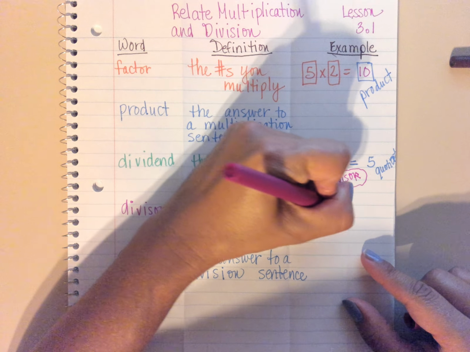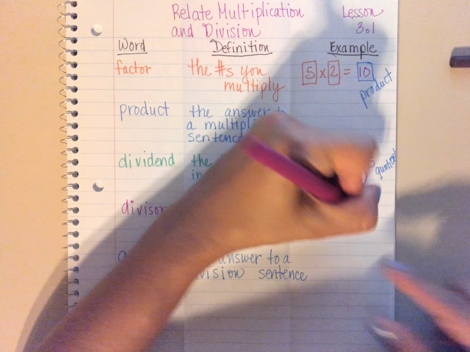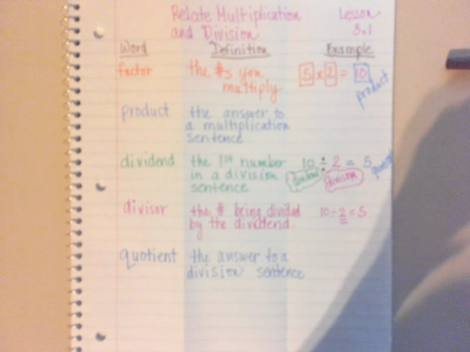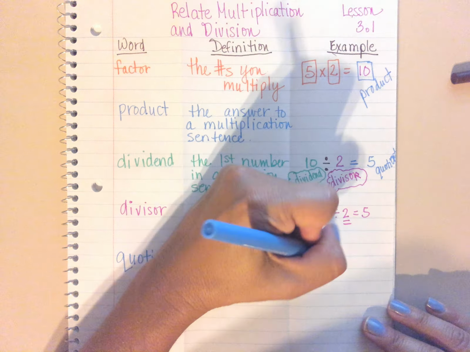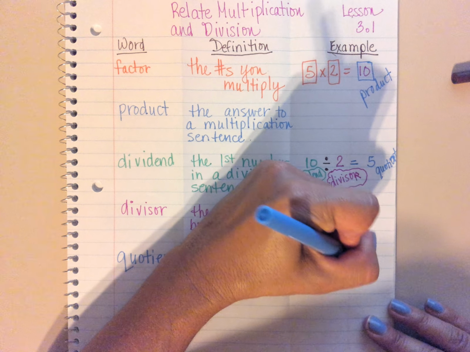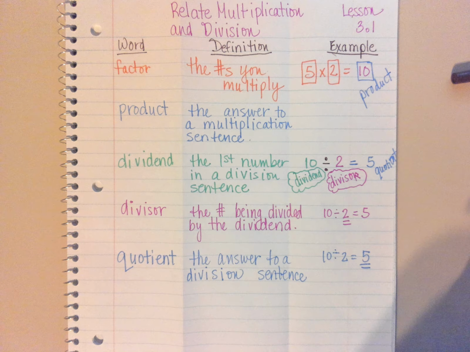The example again, 10 divided by 2 equals 5. And in the case of the divisor, it was 2. For the quotient, you have 10 divided by 2 again equals 5. This one's the quotient.